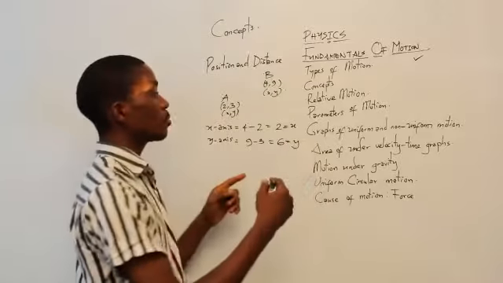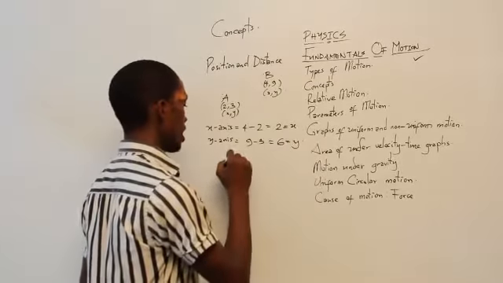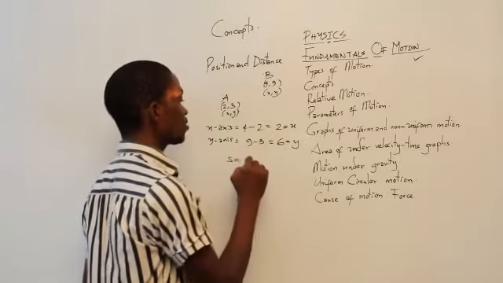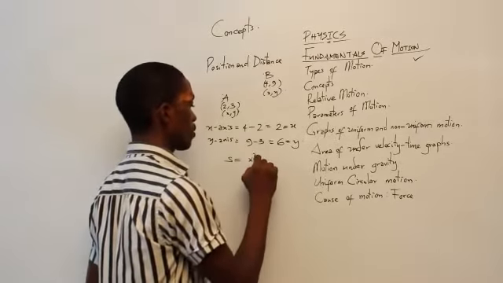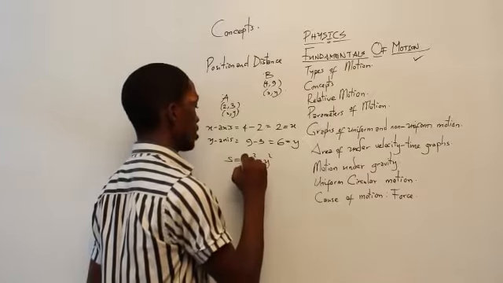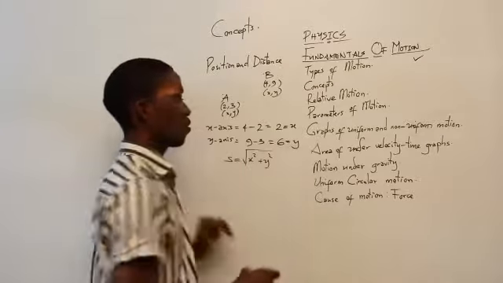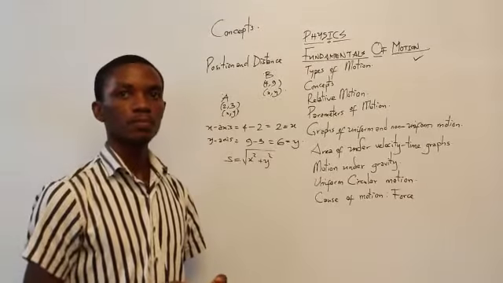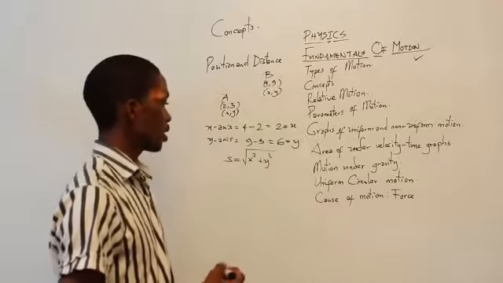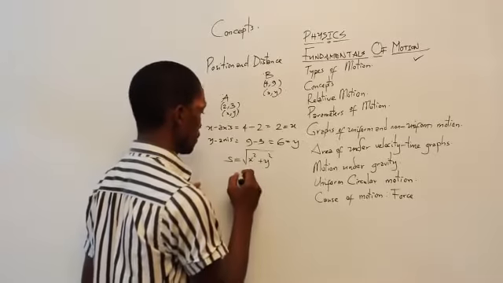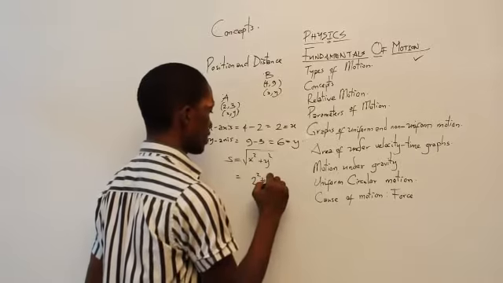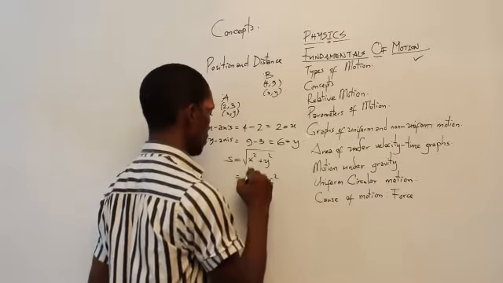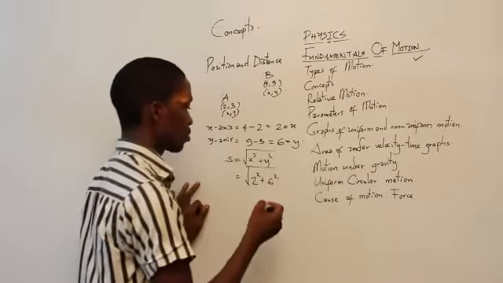The distance between both of them, I'll call it S, is given by the square root of x squared plus y squared. So in this case, how do we go about it? Our x is 2 squared, our y is 6 squared, and then we'll find our square root.